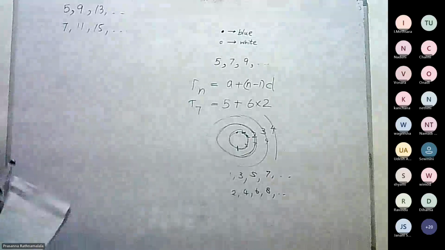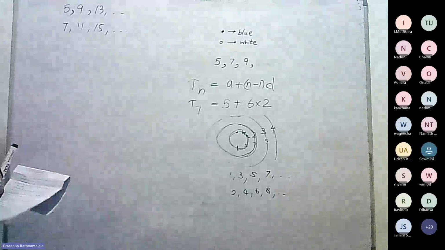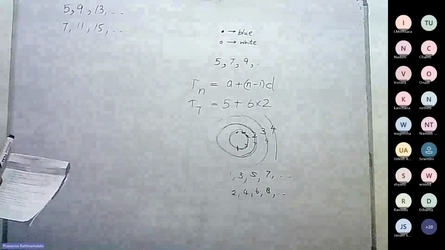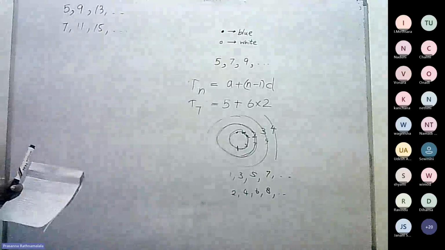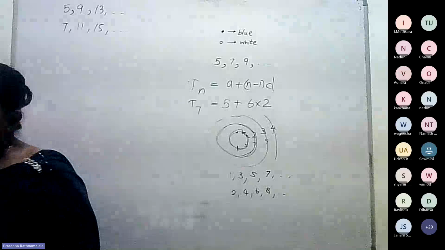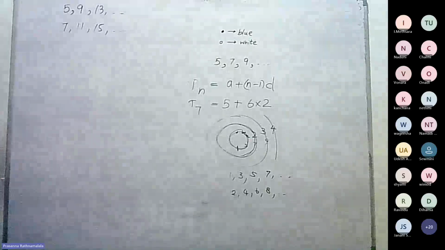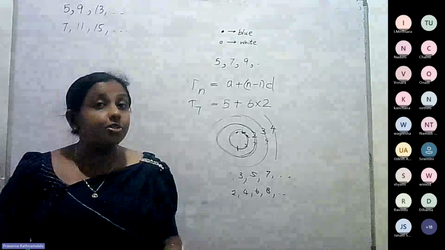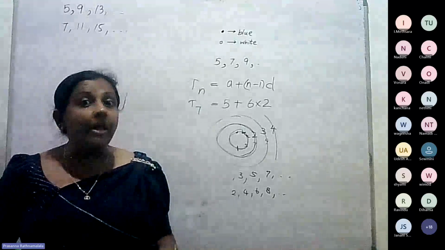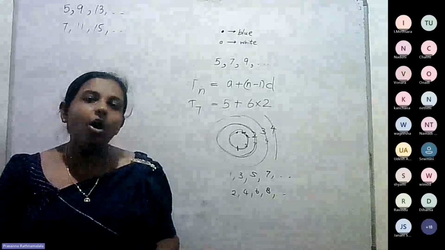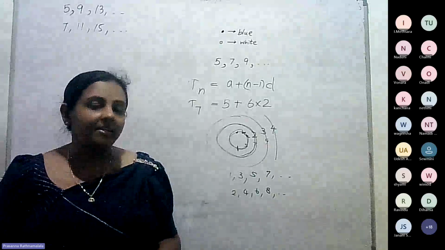Okay. Now what is this question? Find the total number of students who wore white color costumes in the above circles. Now, how many circles are there in this display with students wearing white color costumes? How do you find the number of circles?